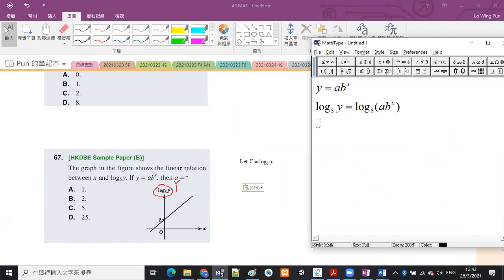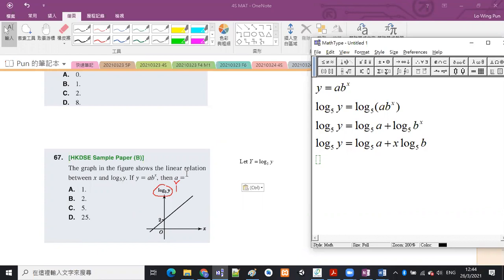But we need to simplify the right-hand side first. It becomes log a plus log b to the power x. Both of them are base 5. And then the power x can be brought to the front of the log. That should be plus x log b.